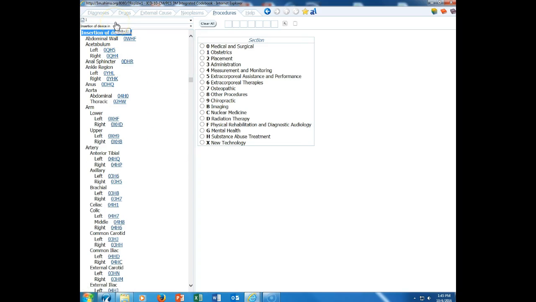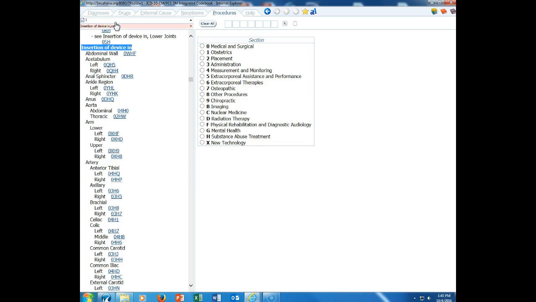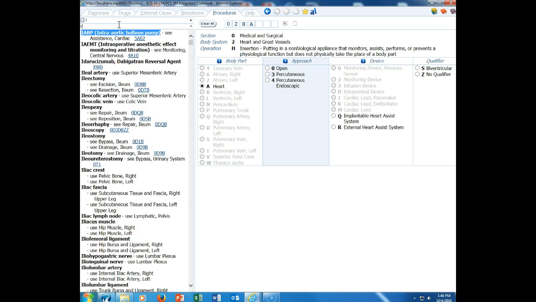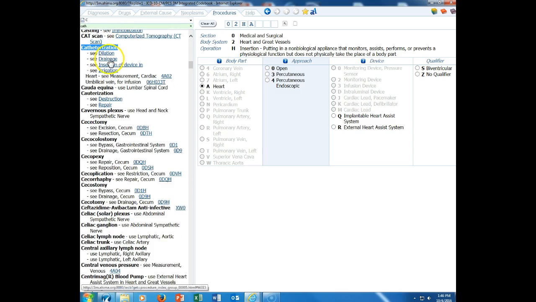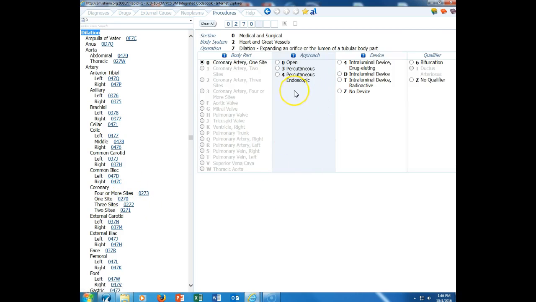And so if I go there, I can do artery, and if I try to do insertion of device in, I don't find anything. So I'm going to go back to catheterization and dilatation. When I do dilatation, I see artery, coronary, one site. And that's what we have.